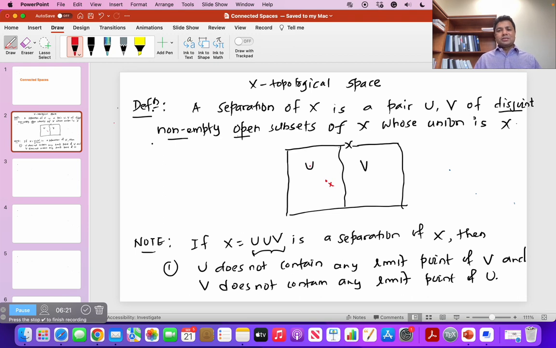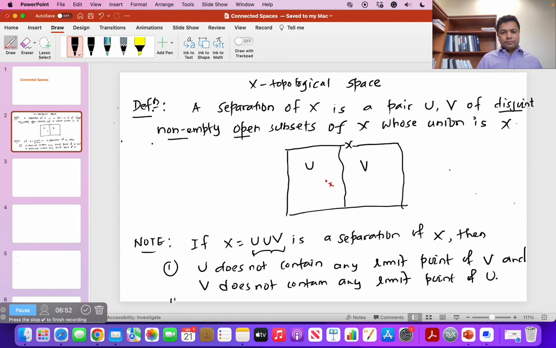Now U is an open set that contains x, so U itself is a neighborhood of x, and U and V are disjoint, because U and V form the separation, so x cannot be a limit point of V, so that is a contradiction. So U does not contain any limit point of V.